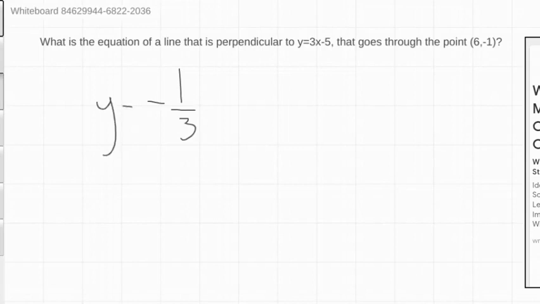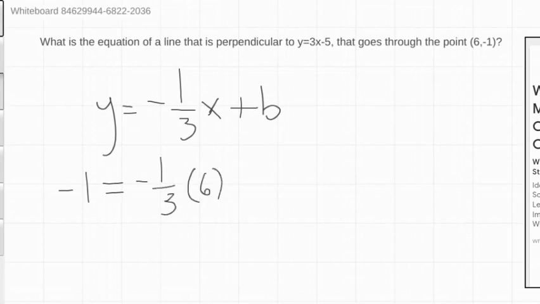So then if we put that into our equation form, it would be y equals negative 1 over 3x plus b. Then we want to plug in our coordinates for y and x, and we'd get negative 1 equals negative 1 over 3 times 6 plus b.